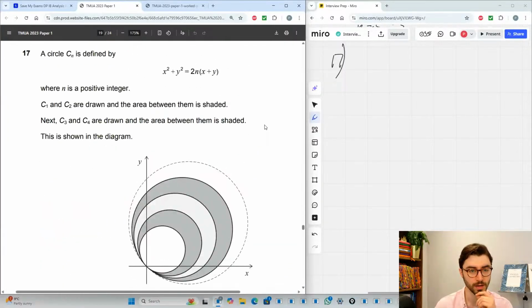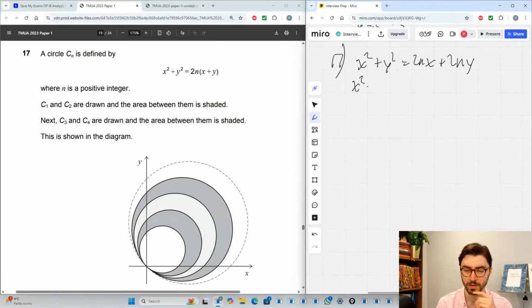Okay, so let's get a look at this equation in more detail. x squared plus y squared equals 2nx plus 2ny. So x squared minus 2nx plus y squared minus 2ny is 0.